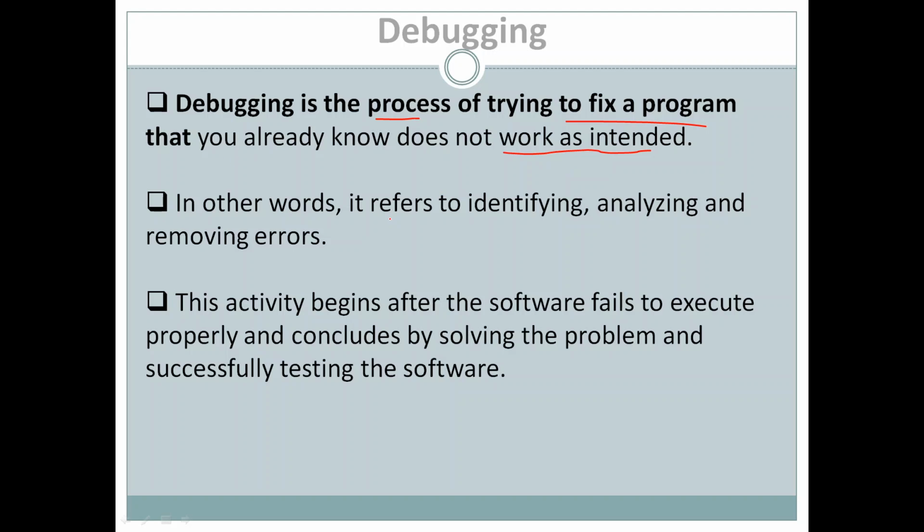In other words, it refers to identifying, analyzing and removing errors from a program or software, and this activity begins after the software fails to execute properly, and it concludes by solving the problem and successfully testing the software.